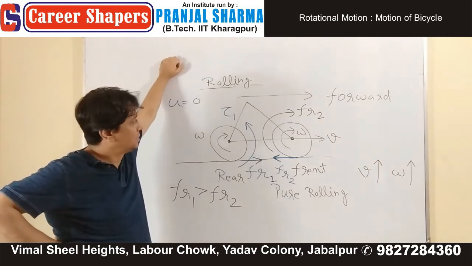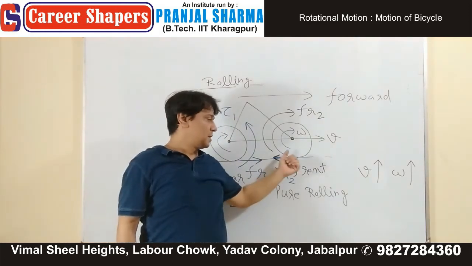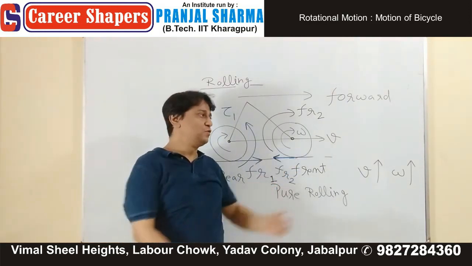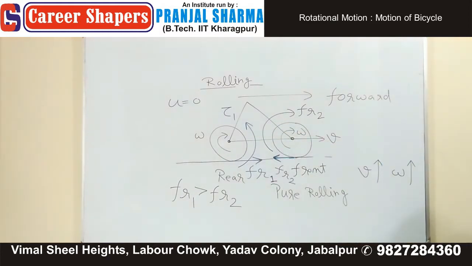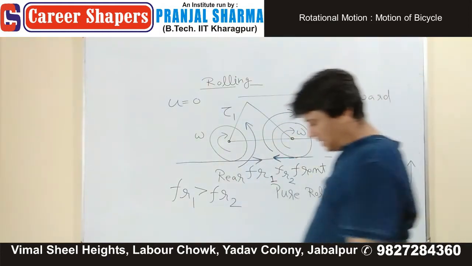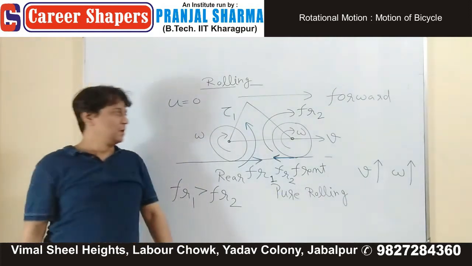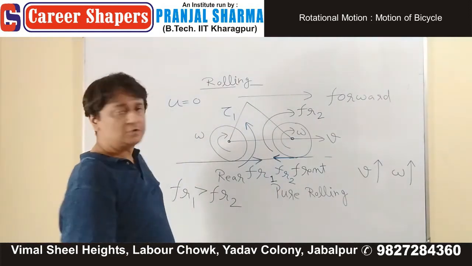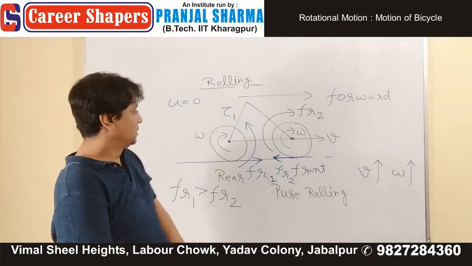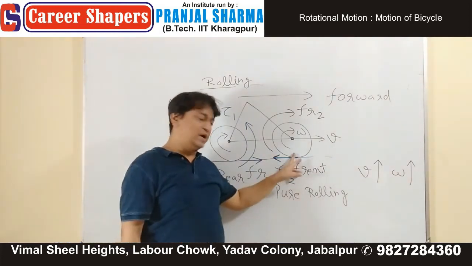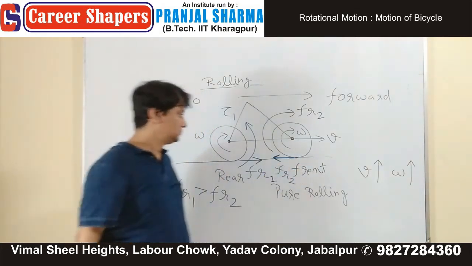Whereas angular speed of the front wheel increases because of friction between the front wheel and the ground or the road.